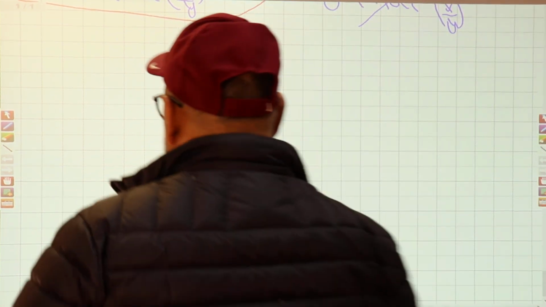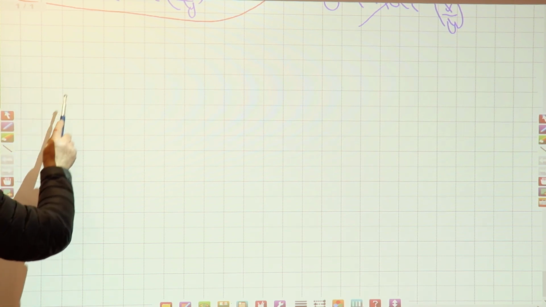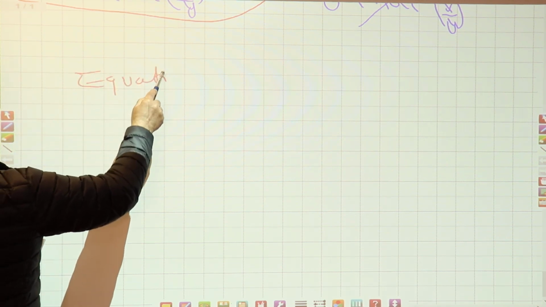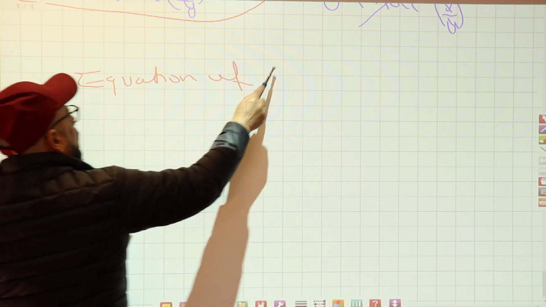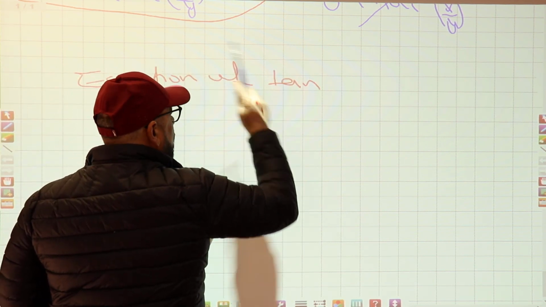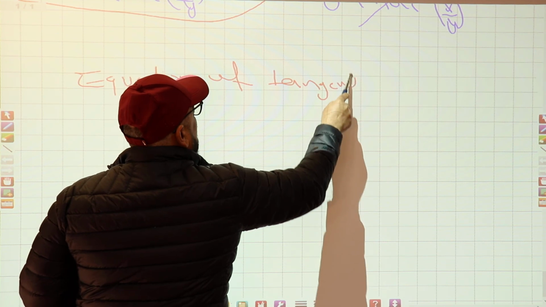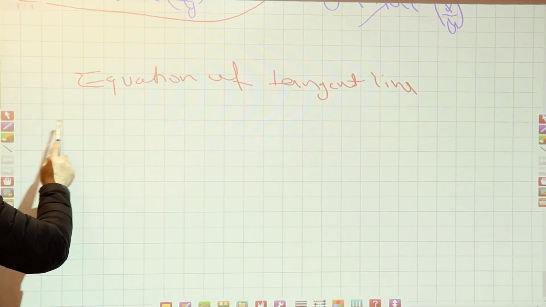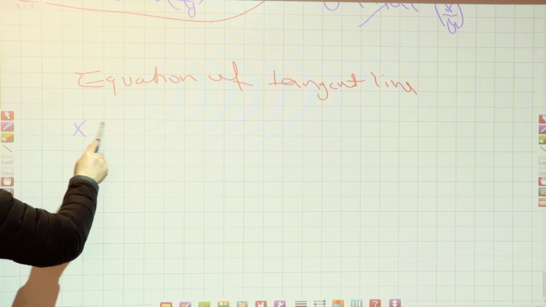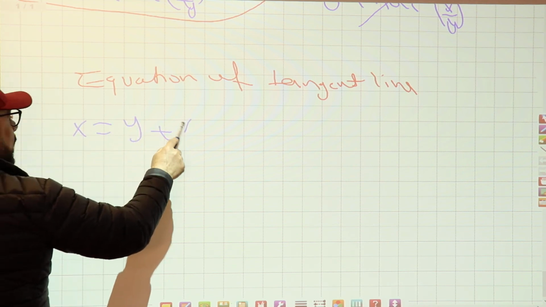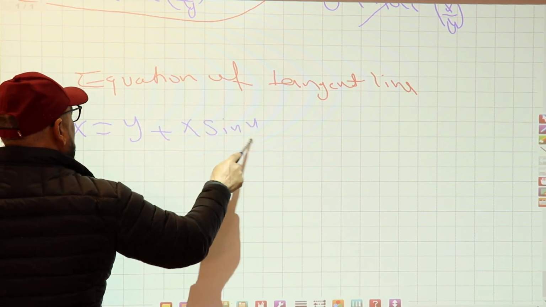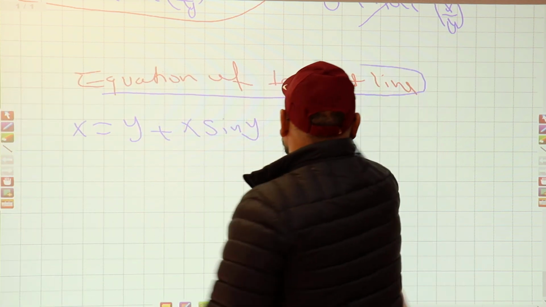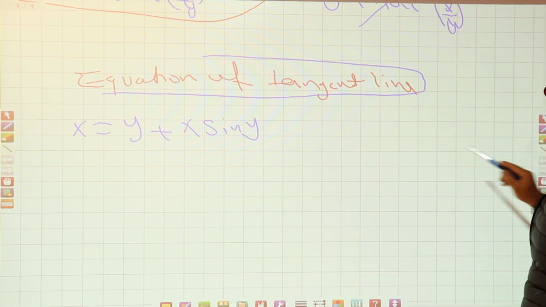He wants the equation of the tangent line, which is x plus y equals x sine y. Since he said the equation of the tangent line, I'm going to start my problem from this point.